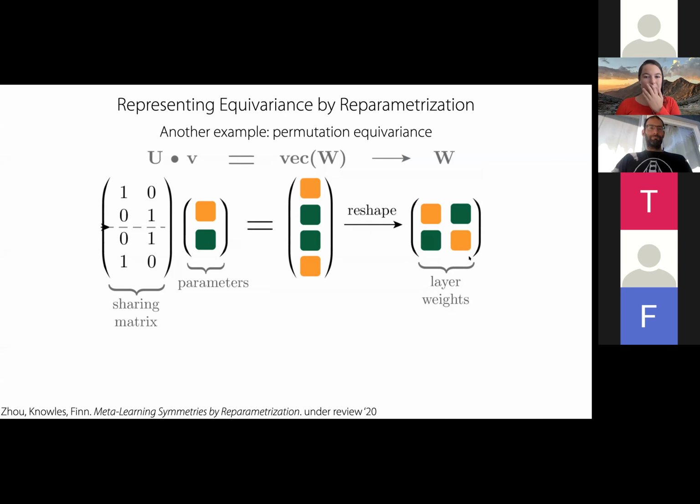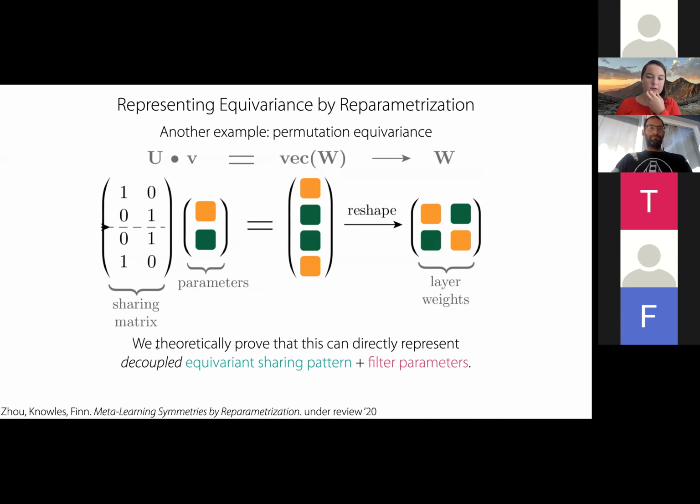Okay, so this may seem a bit hand-wavy, and so one theoretical thing that we can say about this particular reparameterization of a weight matrix is that you can theoretically show that it can directly represent decoupled equivariant sharing patterns and filter parameters for all group convolutions with finite groups.